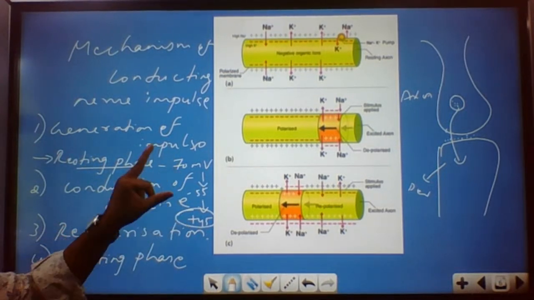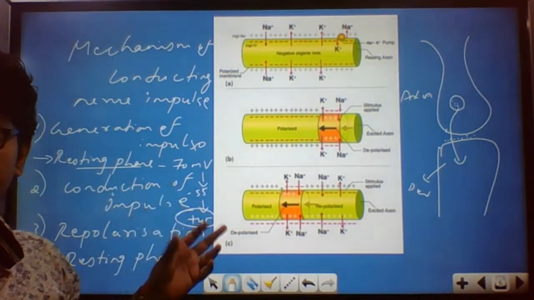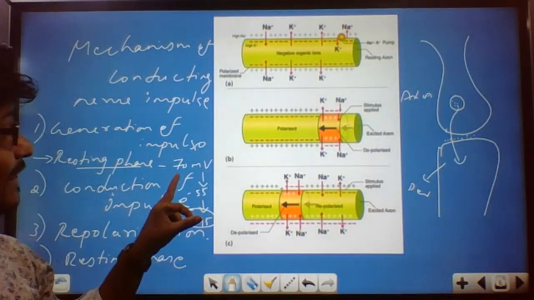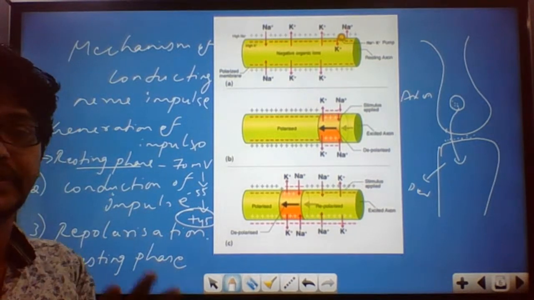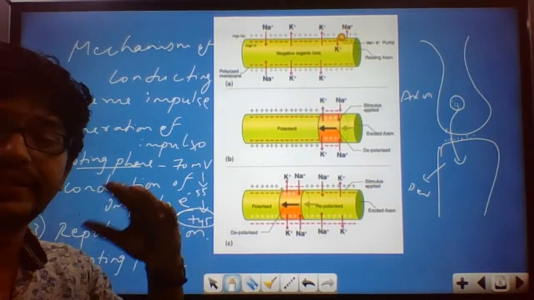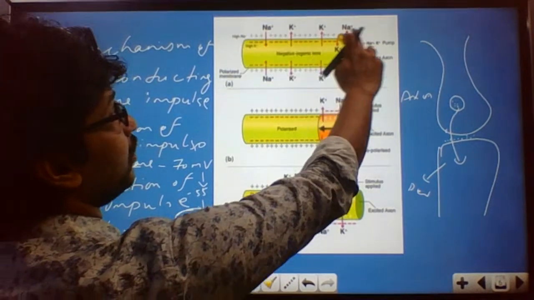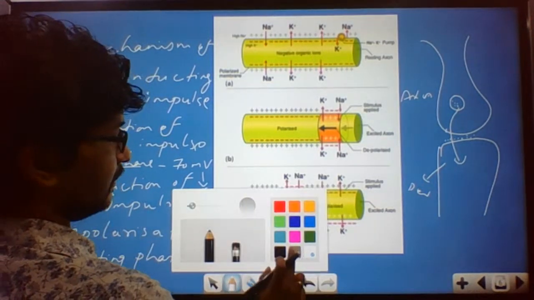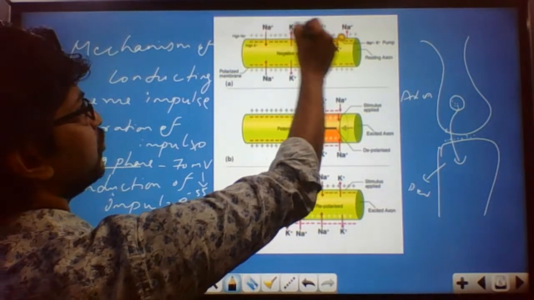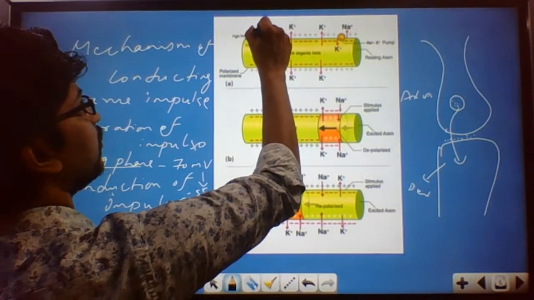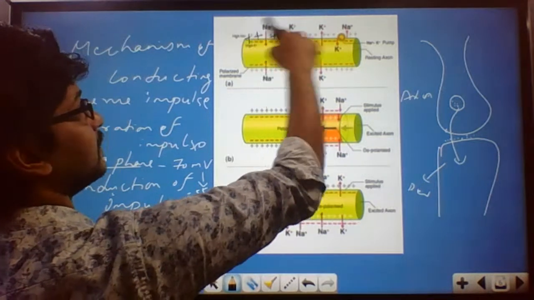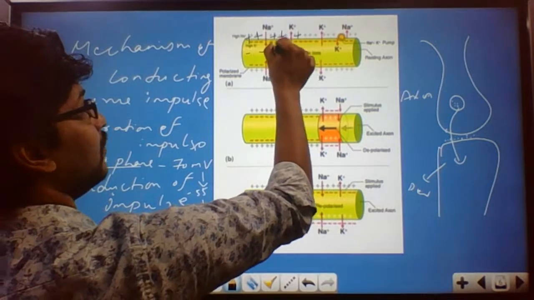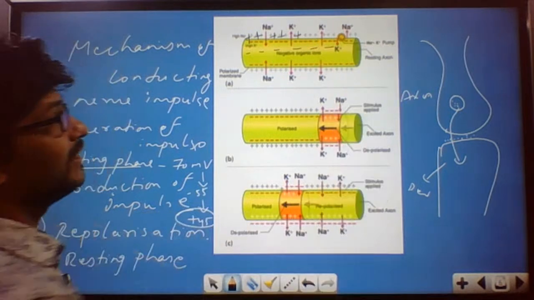What is the potential of the nerve fibers in the resting condition, where the impulses are not being transferred? It begins at the resting condition, where outside you could see all positives. In this image, outside is full of positives, but inside you could see all are negative organic ions, like potassium.